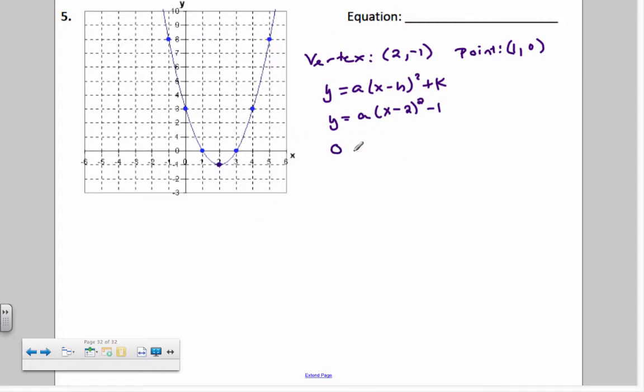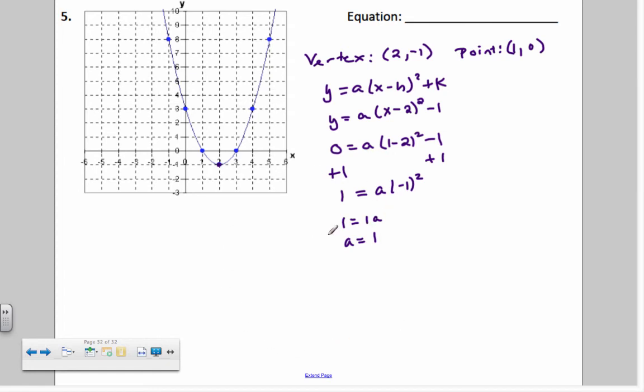My y is 0 equals a times (1 minus 2) squared minus 1. Here let's add 1 to both sides. So I get 1 equals a times (1 minus 2, which is negative 1) squared. Negative 1 squared is just 1, so I have 1 equals 1a. If I divide both sides by 1, that's still just a equals 1.